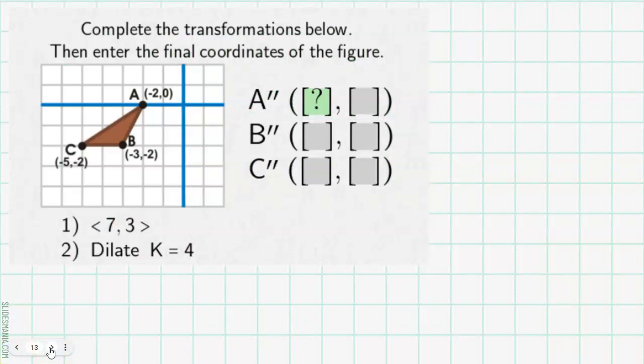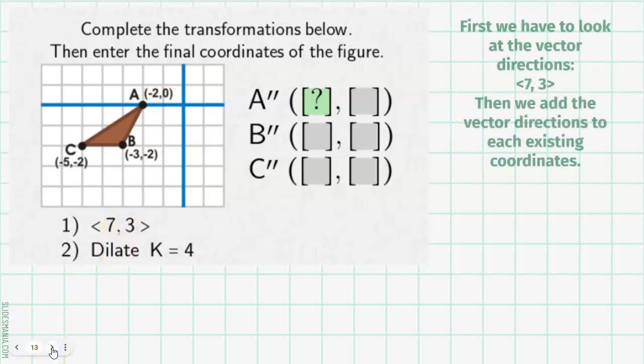Here's what I mean. Here's the transformation that we have to follow. First of all, it wants us to use a vector, and then it wants us to dilate. So we have to look at A first, and we have to follow the two directions that are given. So first, we have to look at the vector directions, 7 and 3.